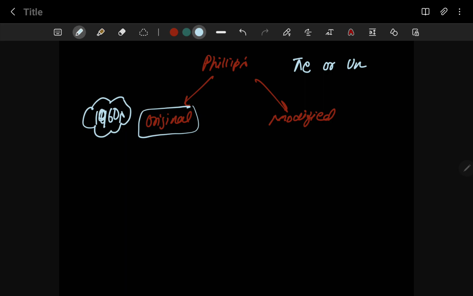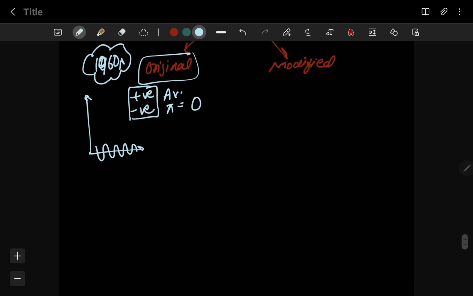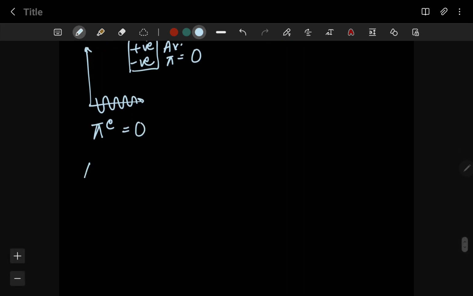Inflation used to fluctuate, being either positive or negative. If we take an average, then average inflation was usually 0, which means there was no expected inflation in the economy, so pi E was equal to 0. Now putting this in our equation, I'm going to write this formula every time so that you are able to memorize it: pi equals pi E plus mu plus Z minus alpha U.